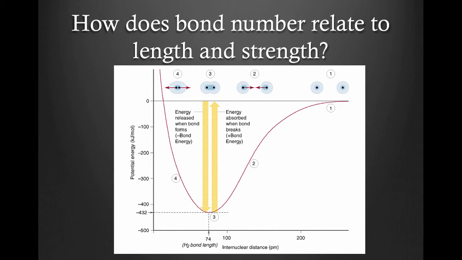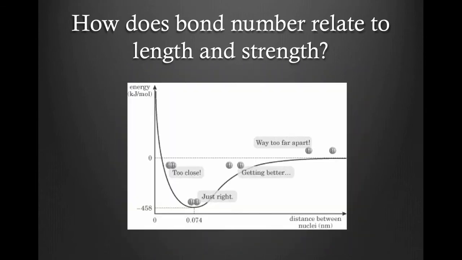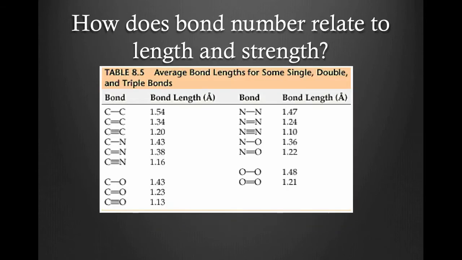So the bond will find the perfect distance which balances repulsions and attractions. Another way of looking at it is we have the way too far apart, not enough attraction, and then we have the way too close, which is too much repulsion, and then we have just right, like Goldilocks and the 3 bears.